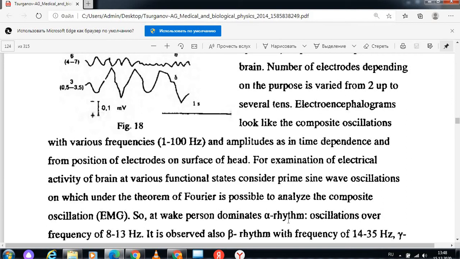So we have a mathematical physical apparatus to work with such oscillations and to analyze them.